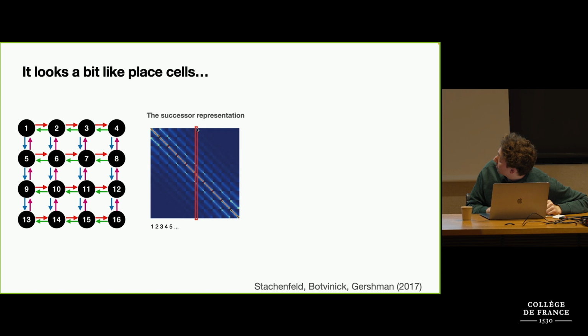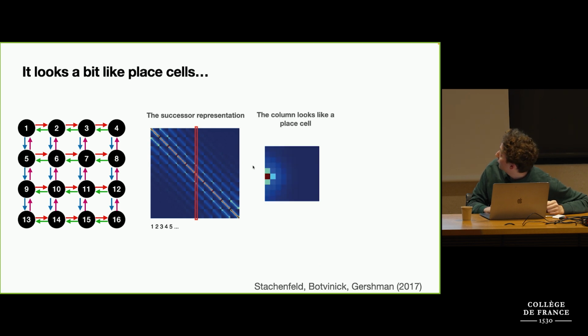What happens if we come along and we look, right, if I'm at state number, maybe this is 50, who knows? If I'm at number 50, where am I likely going to be? Will I be in state 40, 30, 20, and so on? And we can just take this column of this matrix and we can map it back onto space.